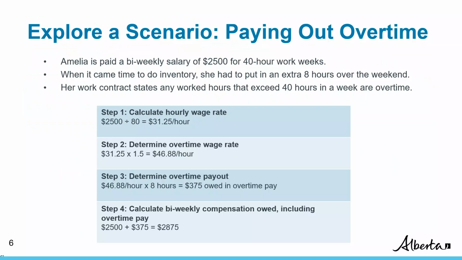Divide this rate by 80 hours worked in the pay period to determine her hourly rate, which is $31.25 per hour. To determine the overtime rate, multiply 1.5 by $31.25, which means Amelia is entitled to $46.88 per hour for any overtime hours worked.